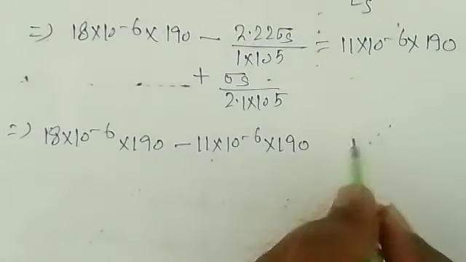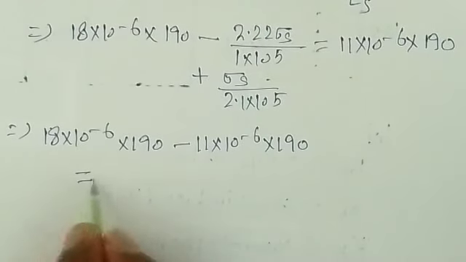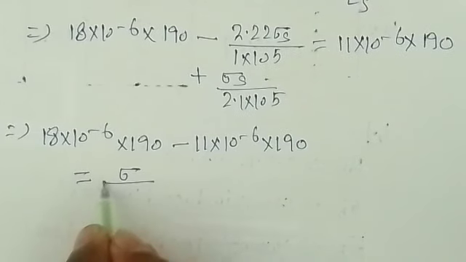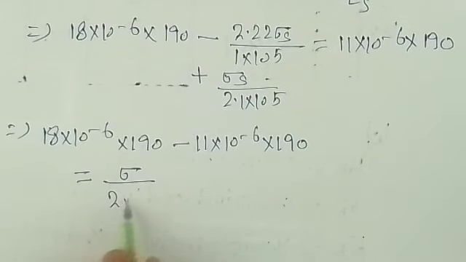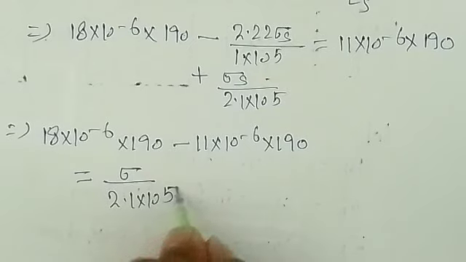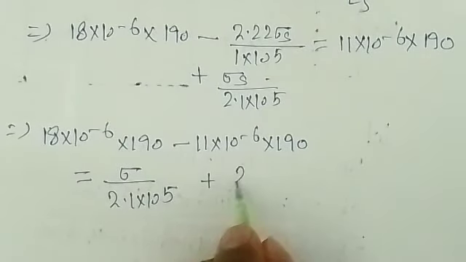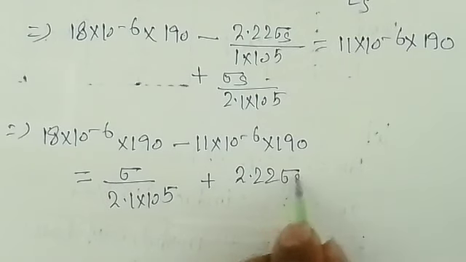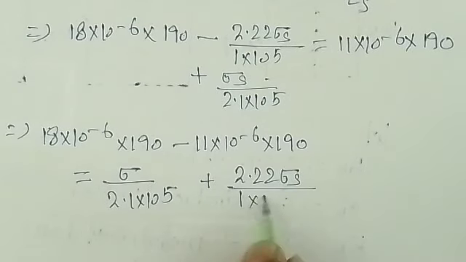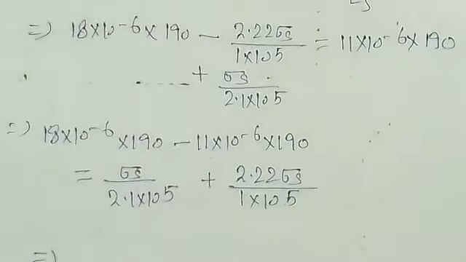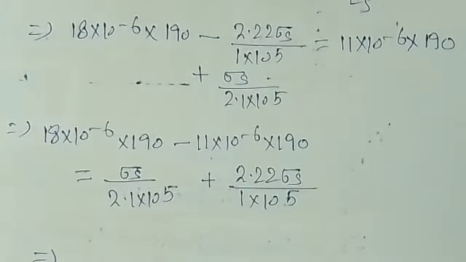This will come to this side, and that is equal to sigma s by 2.1 into 10 to the power of 5. This minus will come to this side and become plus, that is 2.22 sigma s by 1 into 10 to the power of 5, right? So on simplification, I'll show you that directly.